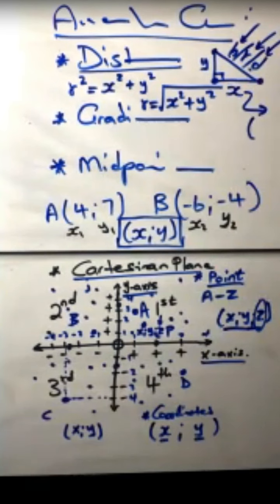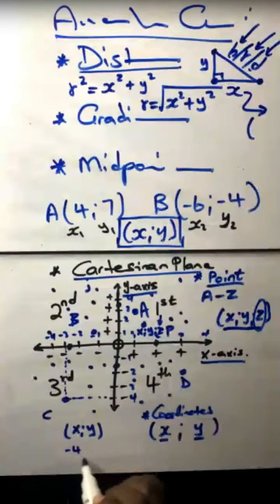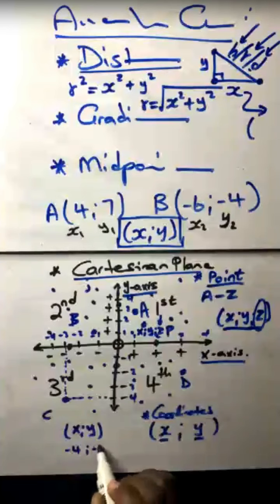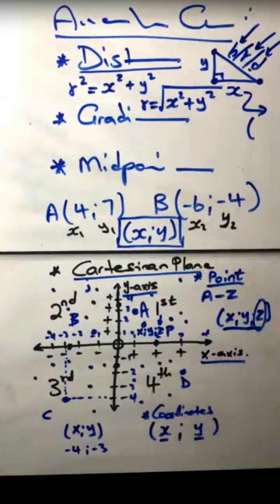So, Shreyas, what are the coordinates of C? That can be -4 and -3, sir. -4 and -3. So which one is y, which one is x?